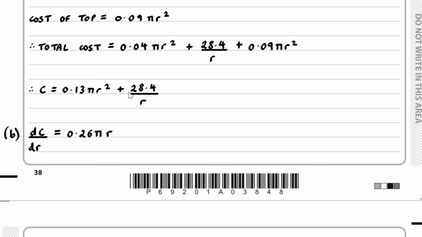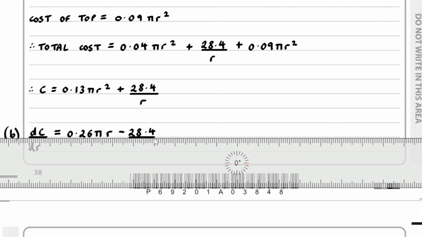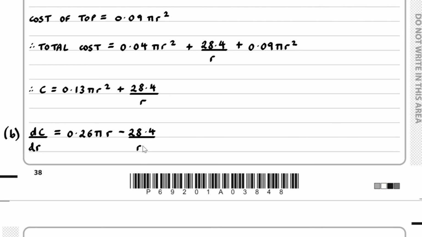And if I differentiate 28.4 over r, I end up with minus 28.4 over r squared. So that's what dC over dr is.